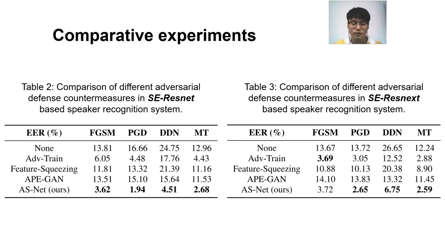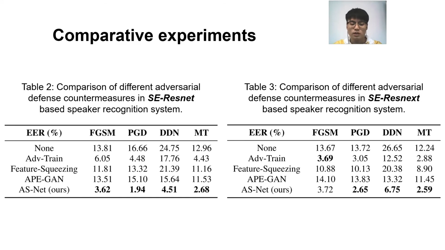As shown in the data of Table 2 and 3, ASNet achieves relative error reduction rate of 79% on the different adversarial attacks. The experimental results proved that ASNet could effectively enhance the robustness of speaker recognition systems against adversarial examples. Besides, ASNet achieves relative error reduction rate of 74% compared with APGAN.